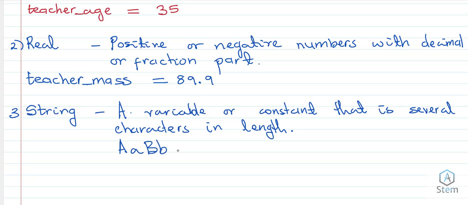B, C. These are alphabetic characters. You can join them with numeric characters like 1, 2, 3, 4, etc. These are numeric characters.